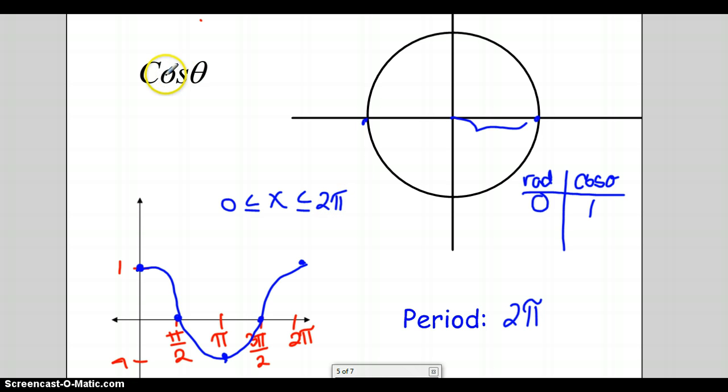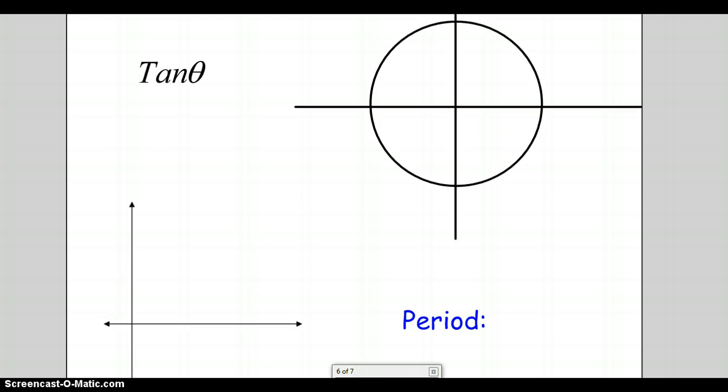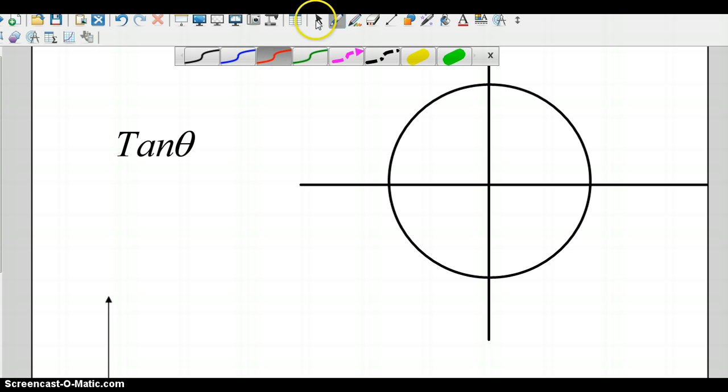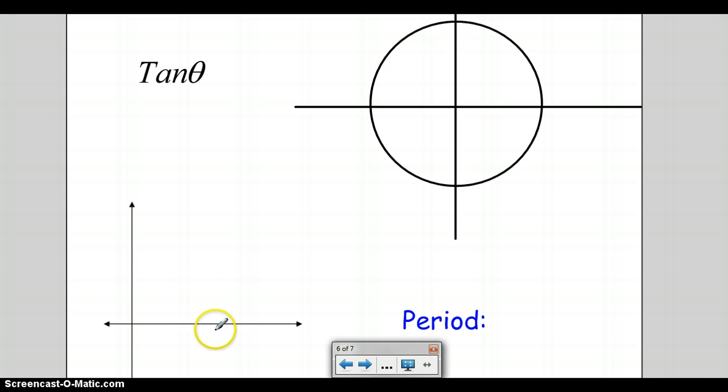Now I called this graph cosine theta, so really I should say 0 is less than or equal to theta, which is less than or equal to 2 pi. That's my only interval for it. Let's take a look at our cosine graph. Again, go ahead and take a moment, set up your x-axis with the minimum requirements. There's our 0.